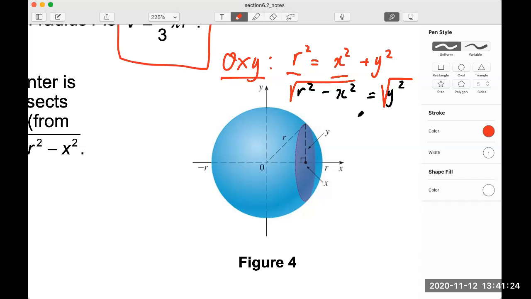Okay. And Y will be the square root of this, or more precisely, the absolute value of Y will be the square root of R squared minus X squared. Okay. So if Y is positive, then Y will be the square root of R squared minus X squared here, right?